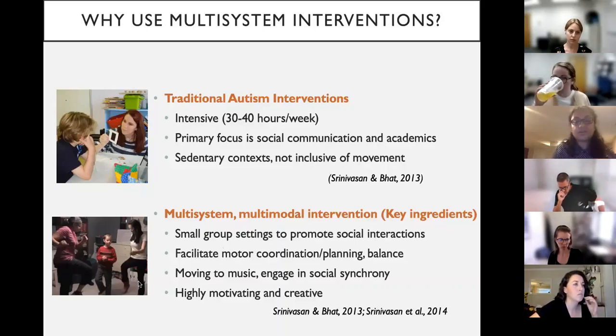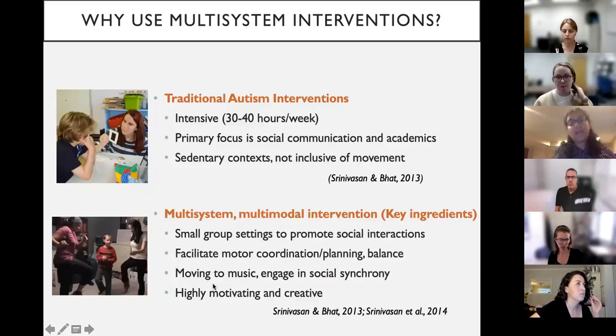Children were moving to music, they were engaging in social synchrony, and these were highly motivating and creative contexts. In so many years of doing this, I feel that there is a lot of value in using this approach when working with nonverbal children with autism, because they do need these highly motivating contexts to engage them in social interactions, and these work.